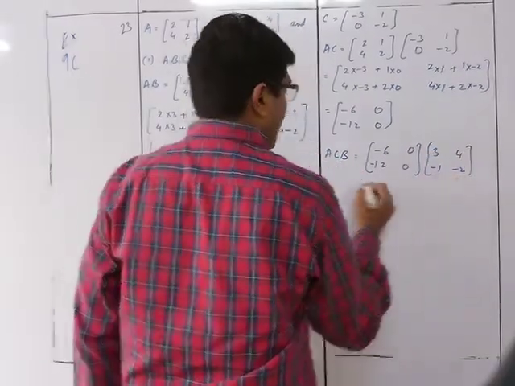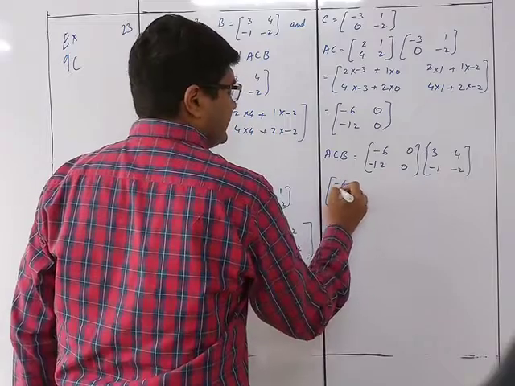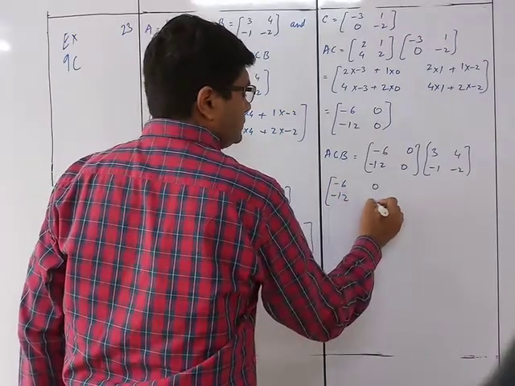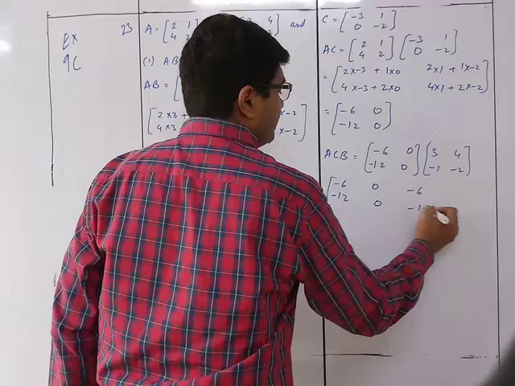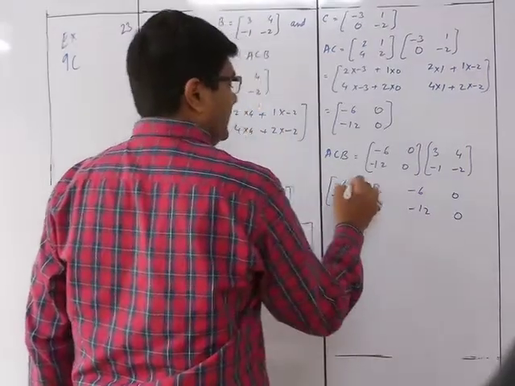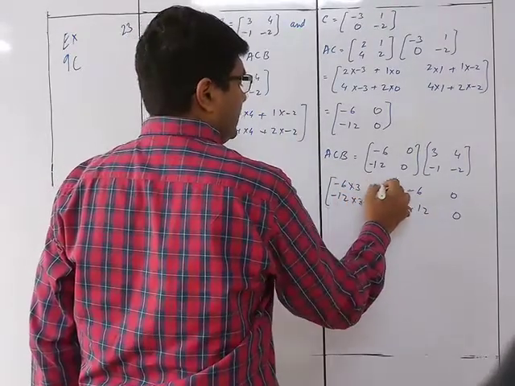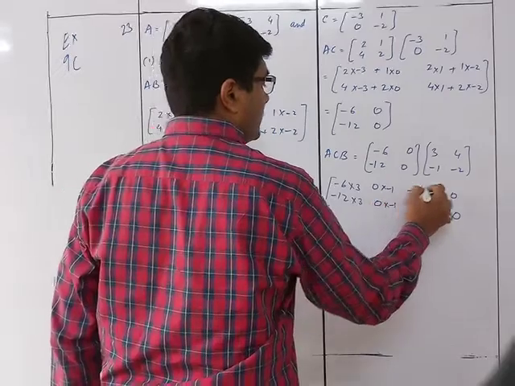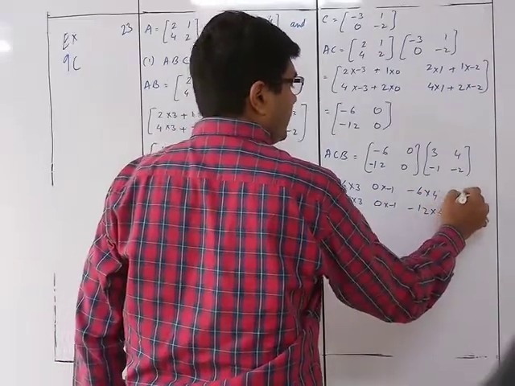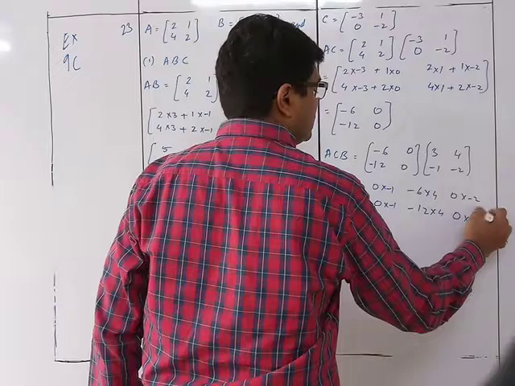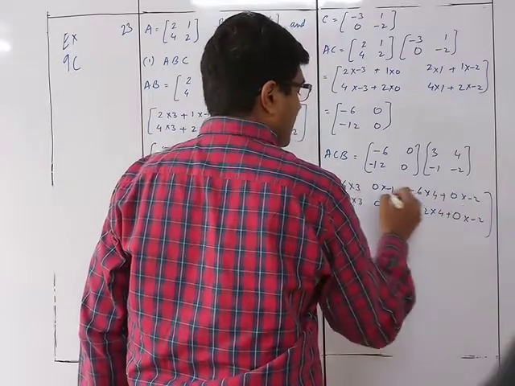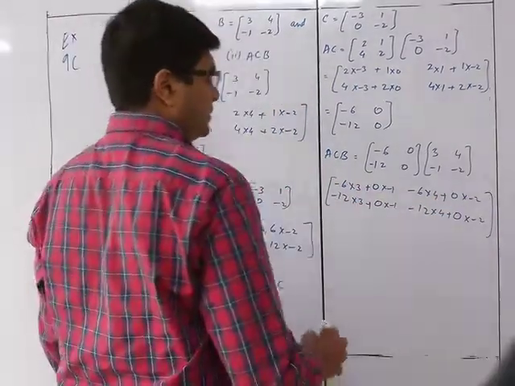Now it's ACB, that is [minus 6, minus 12, 0, 0] into B, which is [3, minus 1, 4, minus 2]. That's the required framework.